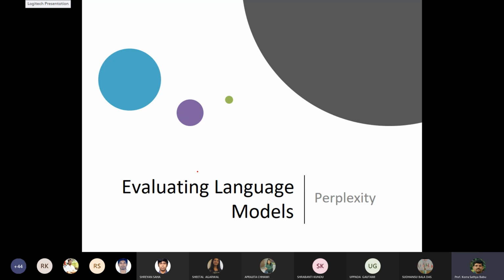We can use two different approaches to evaluate or compare two language models. One is extrinsic evaluation. Extrinsic evaluation involves employing or deploying the models in the actual task, for example when translating from one language to another.